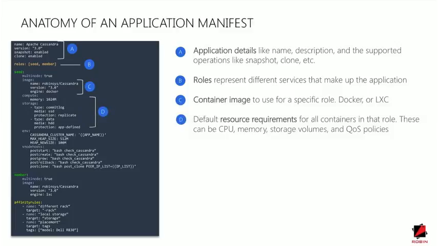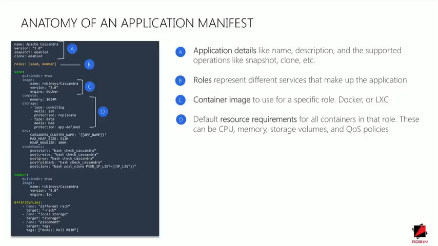And what are the resource requirements? This is very important, because when you are creating a container, this container will have many different volumes. One volume can be carved out of an SSD disk, while some other volumes can be carved out of an HDD.